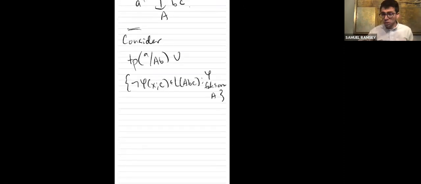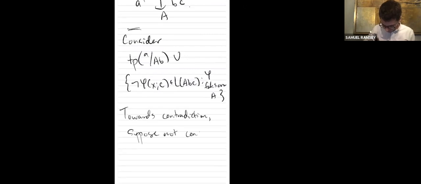Okay, so towards contradiction, suppose that this is not consistent. Then that means that there's a finite piece of it that is inconsistent. So in particular, the type of A over AB has to imply a finite disjunction of formulas that fork.